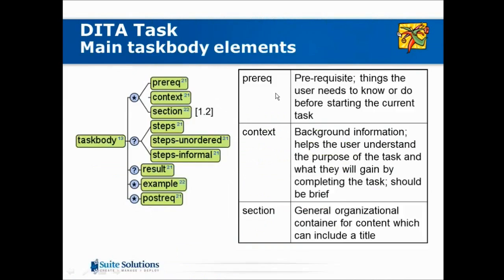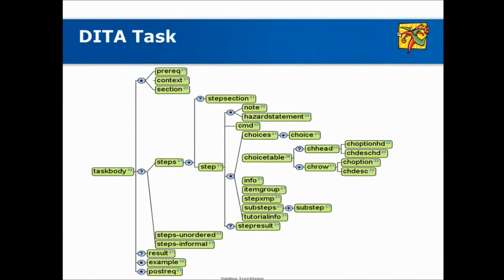Oops, here we go, sorry. Where a taskbody, as we had said, has a prerequisite and a context and section, and the steps really can get broken down into even further structure. So for each step in the procedure, you might have a note. You would have the main command, the main procedure or step that you're supposed to do.